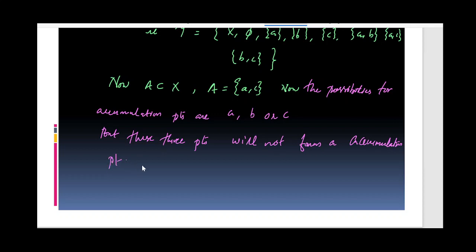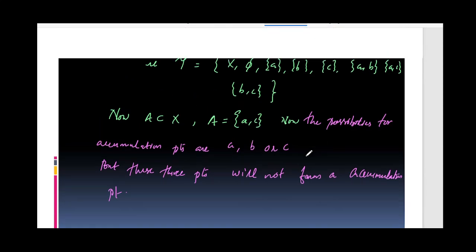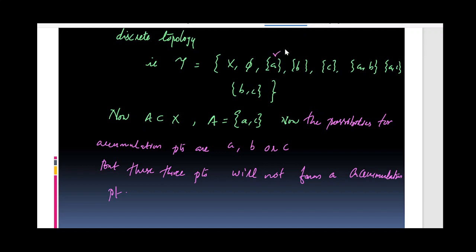What's the reason? Suppose a is going to be an accumulation point, then by definition every open set containing a should contain points other than a from A, right? That means any open set containing a should contain c, right? But we are having an open set here, singleton {a}, which does not contain c.